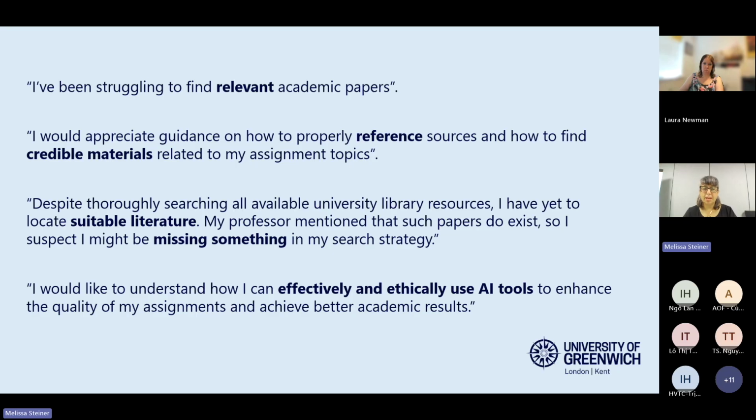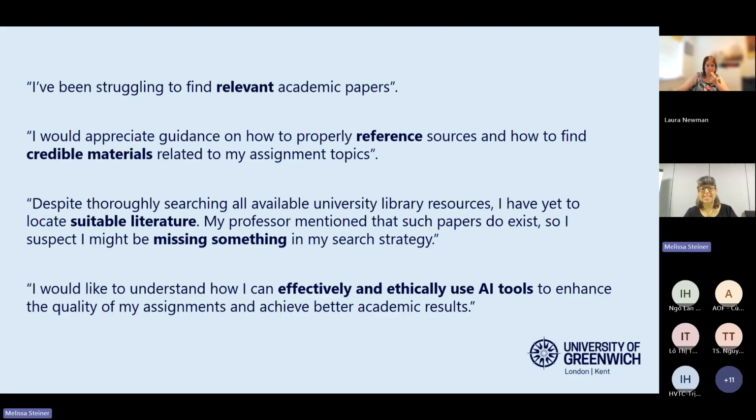As we'll talk about in more detail, using the university library catalogues is quite different from using something like Google or ChatGPT, and often they aren't searching in the best possible way to find relevant material. So this is something that we need to teach them, and we're going to cover how to search using the library catalogues in the session.